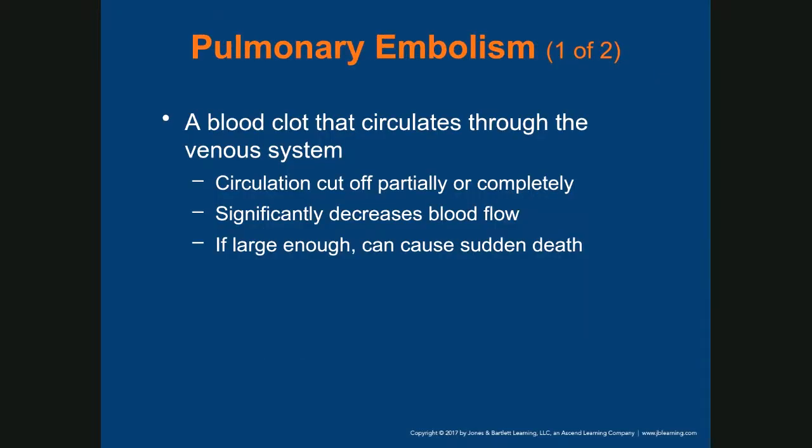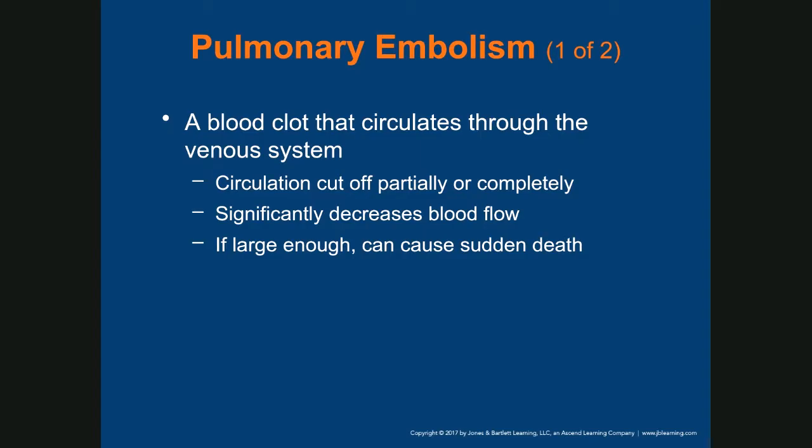All right, pulmonary embolism. This is a blood clot that circulates through the venous system. And one of the most common places for it to come from is going to be the lower extremities or the pelvis. All right, patient is usually stationary. One of the common situations is a patient recovering from orthopedic surgery, right?